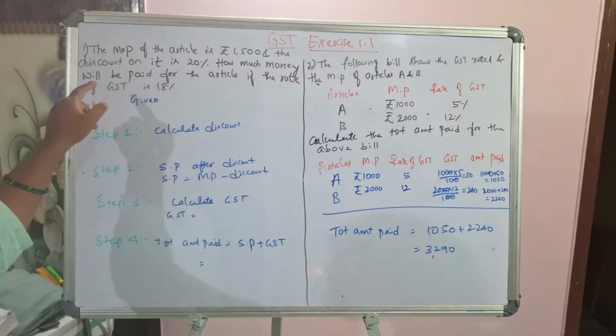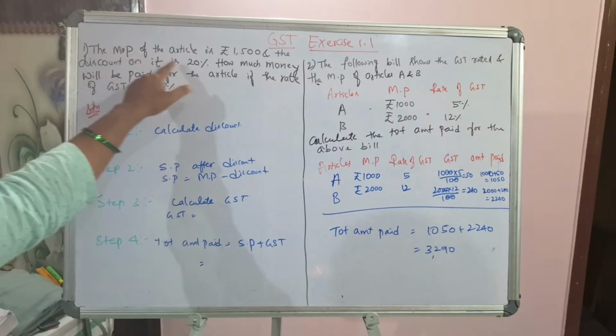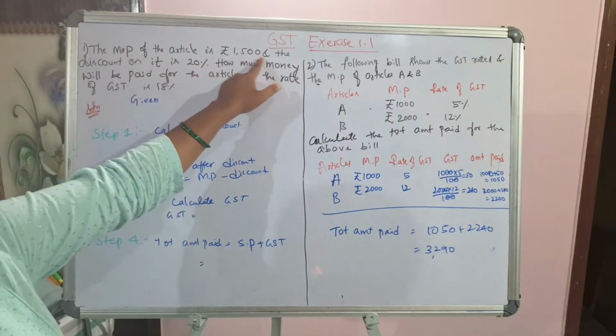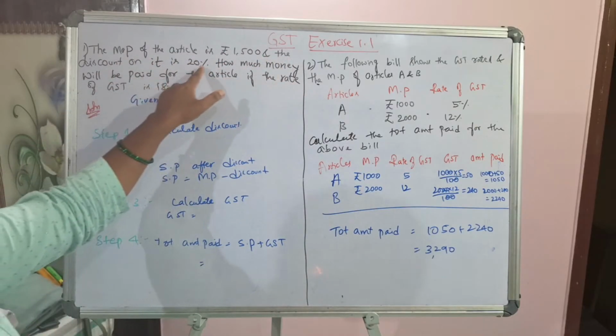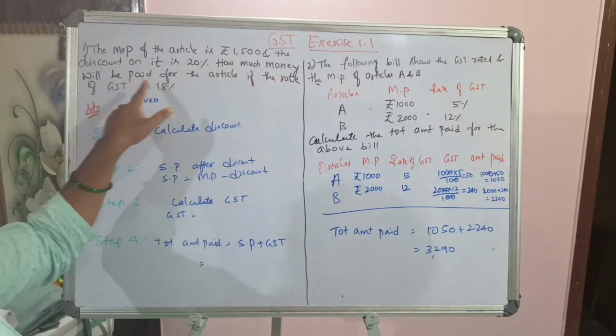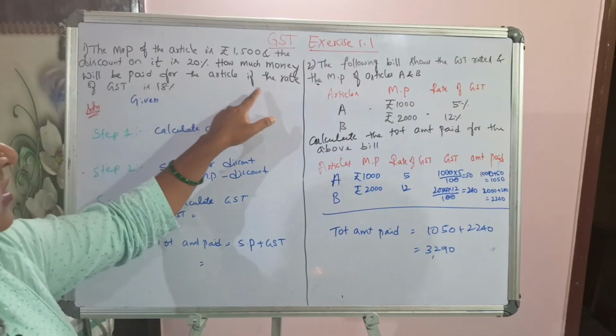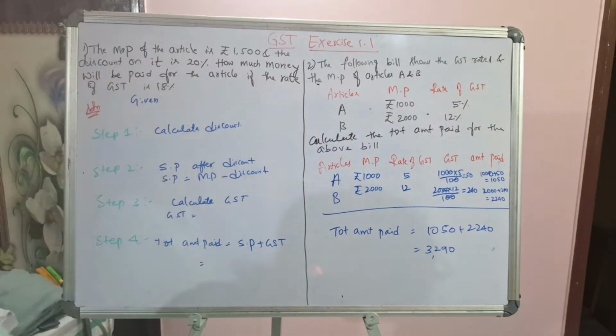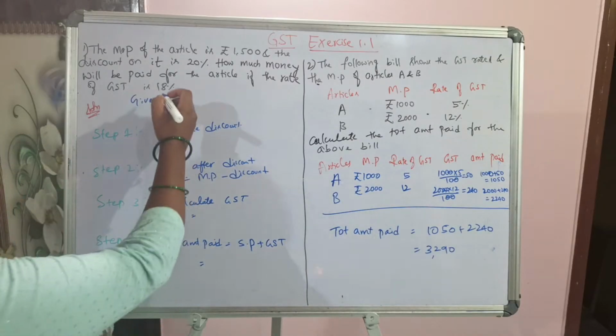The first question is, the market price of the article is 1500 and the discount on it is 20%. How much money will be paid for the article if the rate of GST is 18%? Now first let us note down the given things.